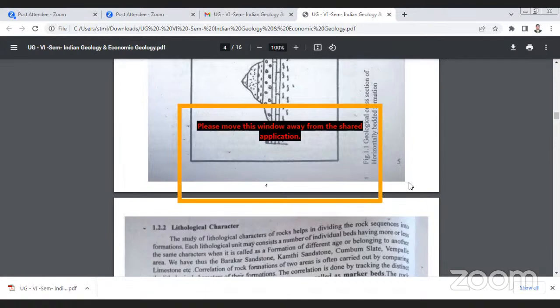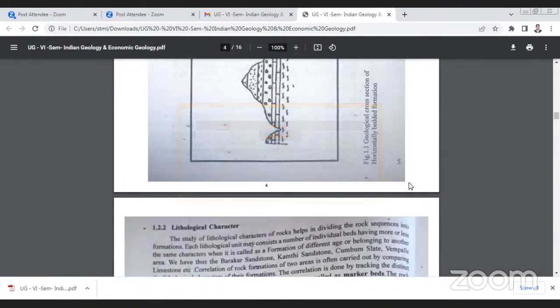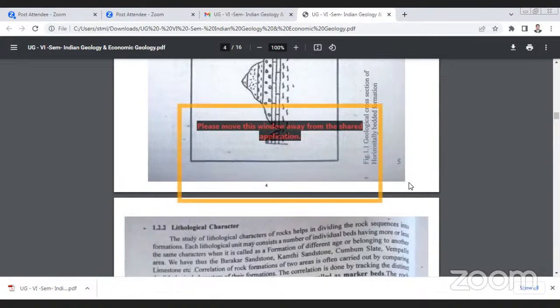So based on this, what can we understand? Here the lithological character gives the information on the formation of rocks and their characteristics. For example, the Barakar sandstones, the Kamthi sandstone, the Kumbam slate, or the Vempalli limestone, et cetera.